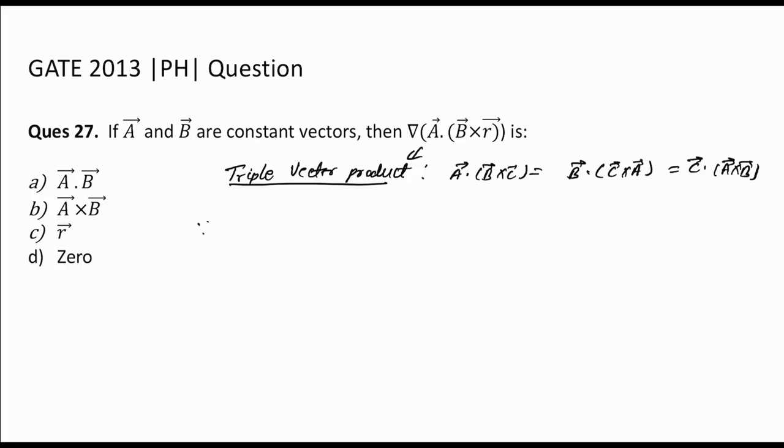So in our case the vector is gradient of A dot B cross R, where A and B are some constant vectors and R is the position vector.